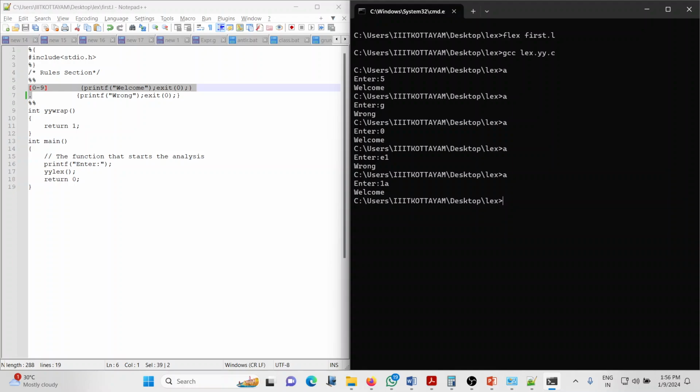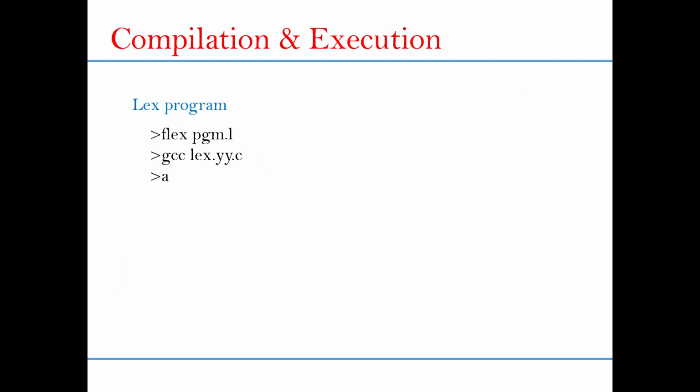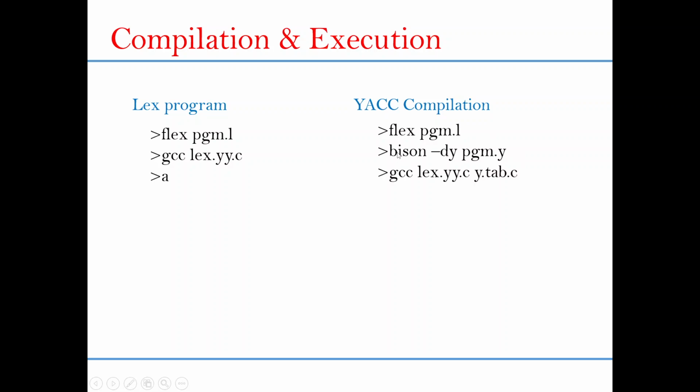Okay, this is the program execution for LEX. I hope you understood how to compile and execute, and the installation process. If you want to write a YACC program also, there we write a .l file and a .y file. The .l is the LEX program and the .y is YACC, and this YACC file will be compiled with the help of Bison software.